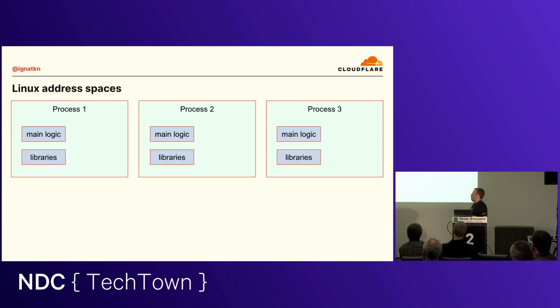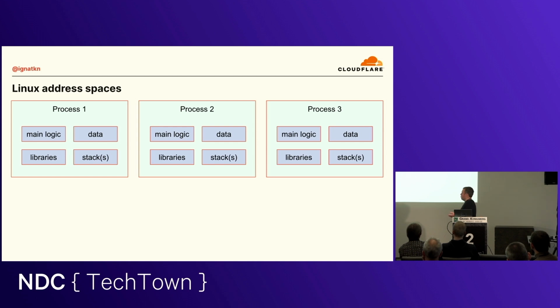You probably didn't write all the code yourself, so you may also have some libraries loaded into the process address space. You also have a data section with constant or mutable data, basically global variables. And of course, you have a stack, or several stacks if you use multiple threads. Every process is like that, and this is all user space where your program runs.